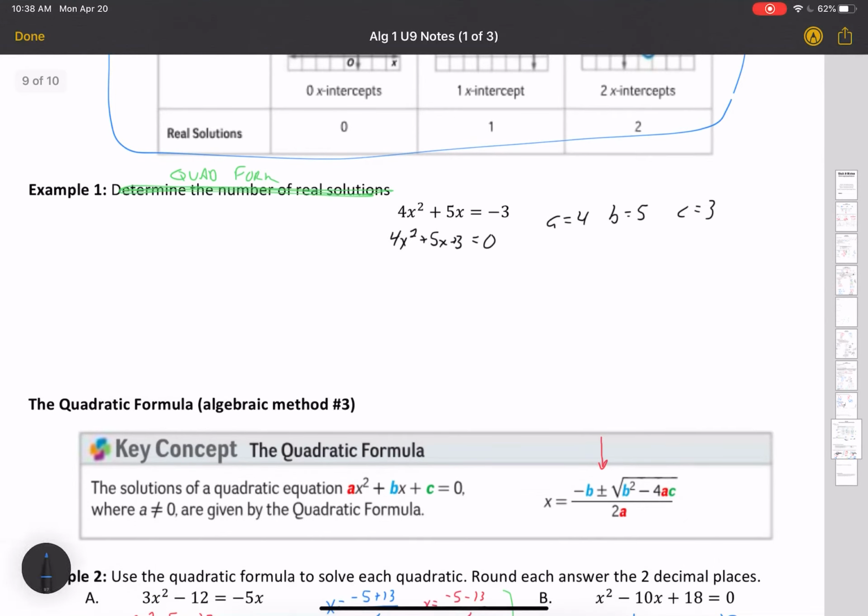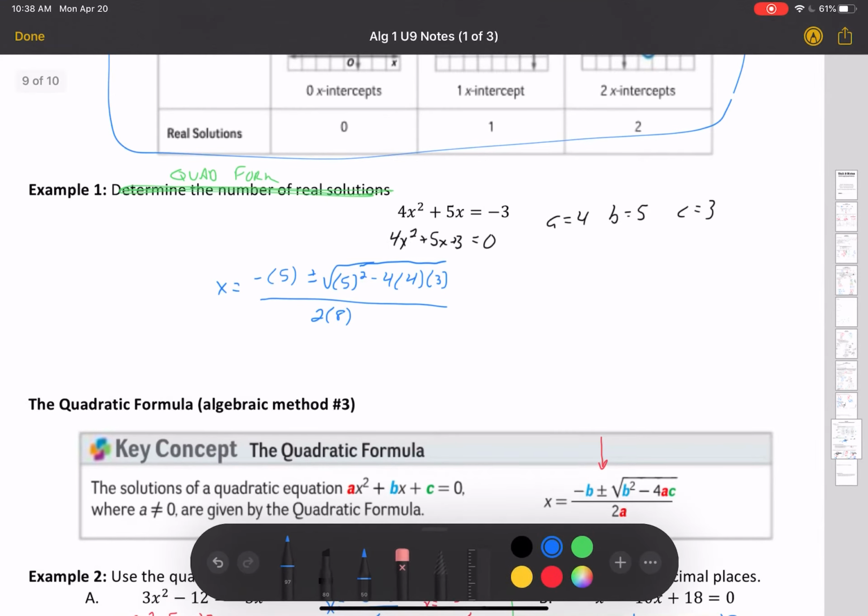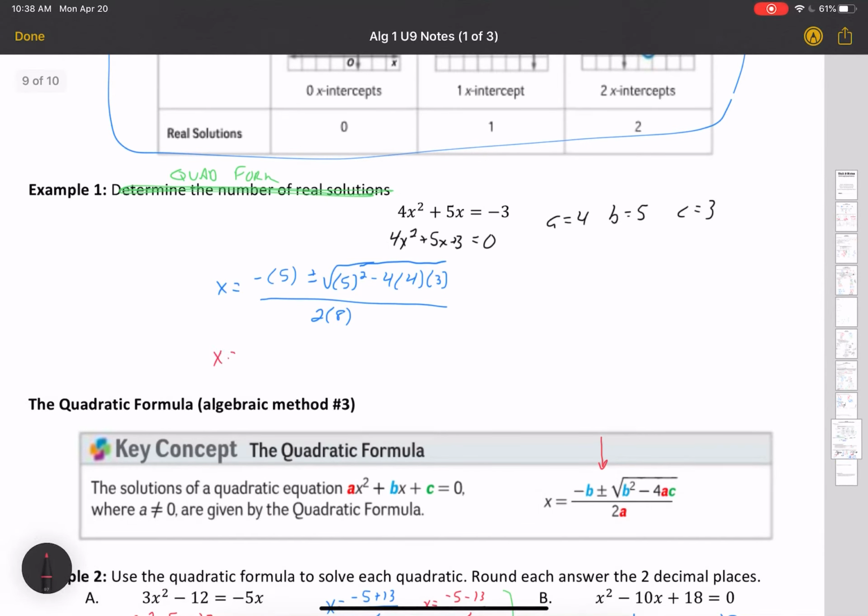Plugging in to the quadratic formula, we got x equals -b plus or minus the square root of b squared minus 4ac all over 2a. After simplifying that, we get x equals -5 plus or minus the square root.